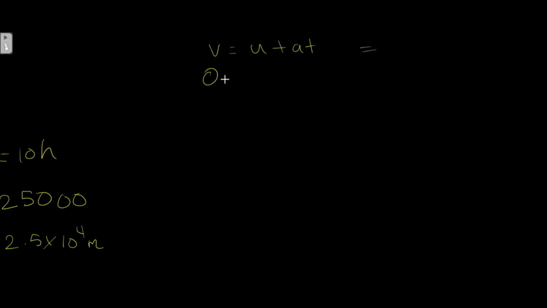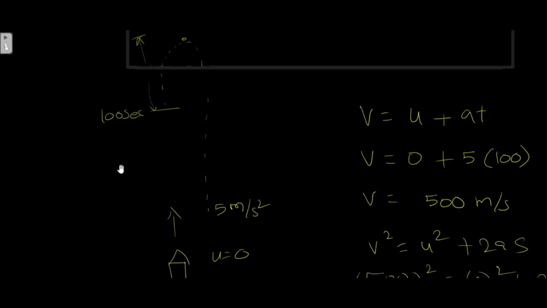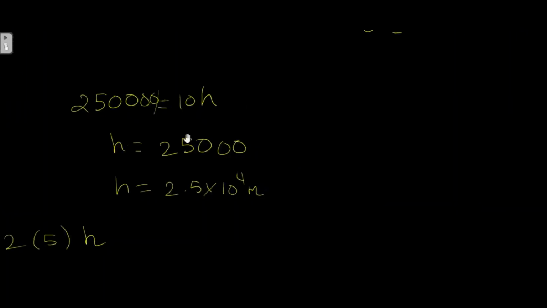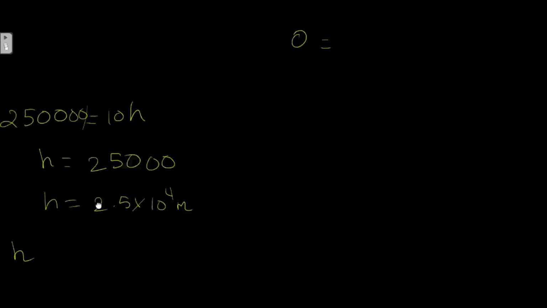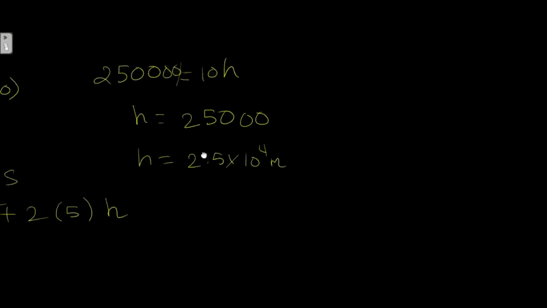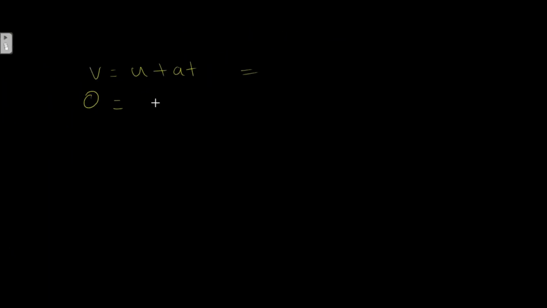Here u is the velocity at the time the fuel is exhausted, which is 500 meter per second. So 0 equals 500 minus g t, because gravity pulls downward while velocity is upward.